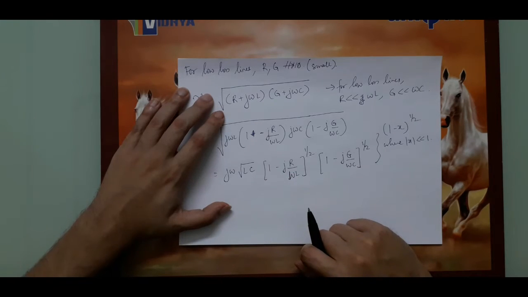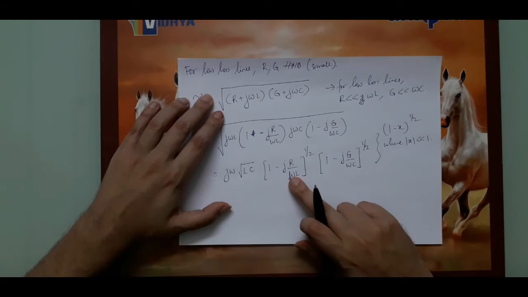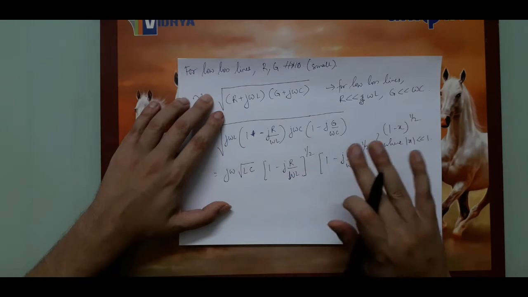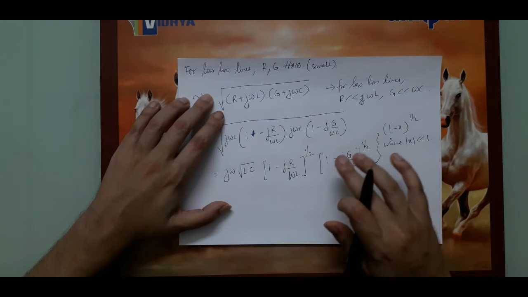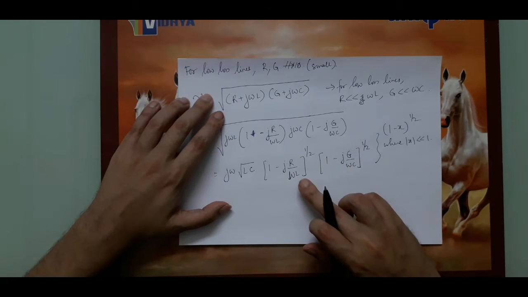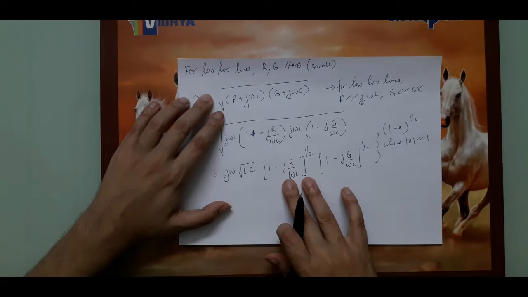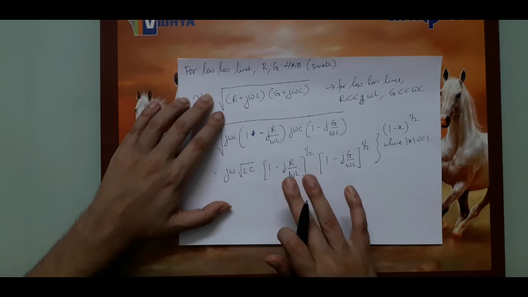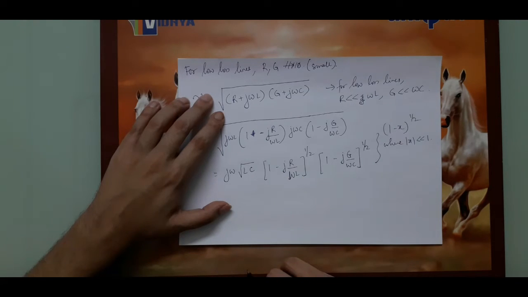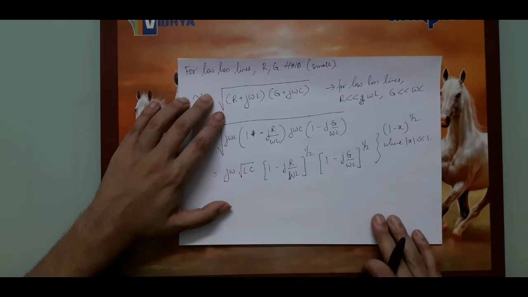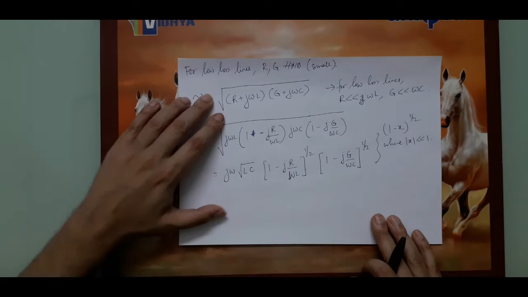So let us put this. We are going to put the power series, but we shall not have any term above the first order, because that we shall assume to be negligible.